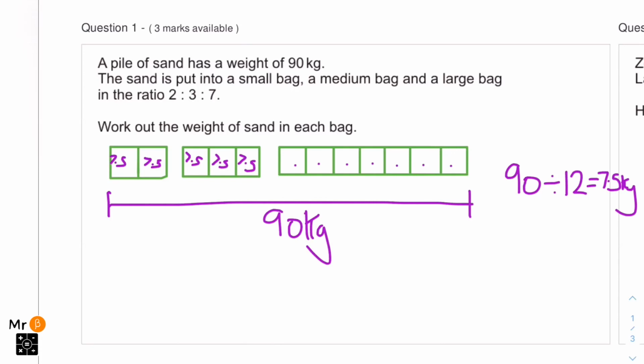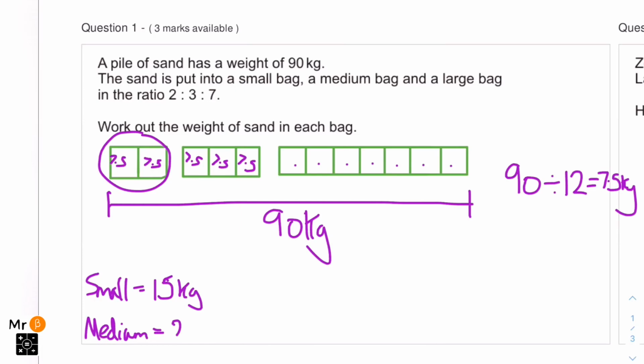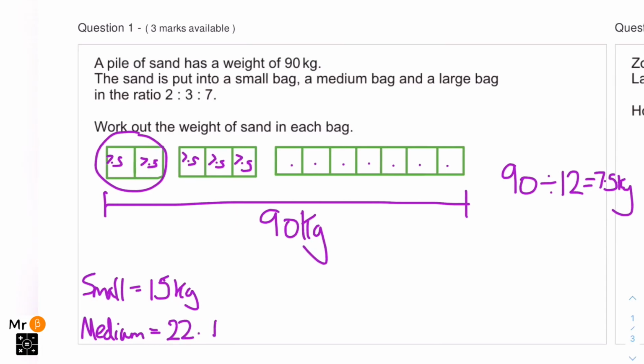It wants you to work out the weight of sand in each bag. So in our small bag, we have 2 lots of 7.5, which is 15 kilograms. In our medium bag, we have 3 lots of 7.5, which gives you 22.5 kilograms.